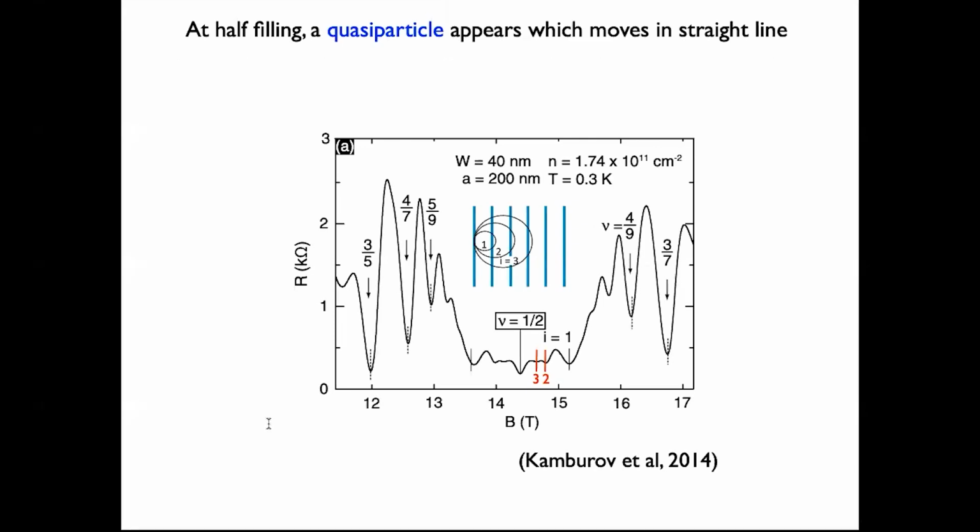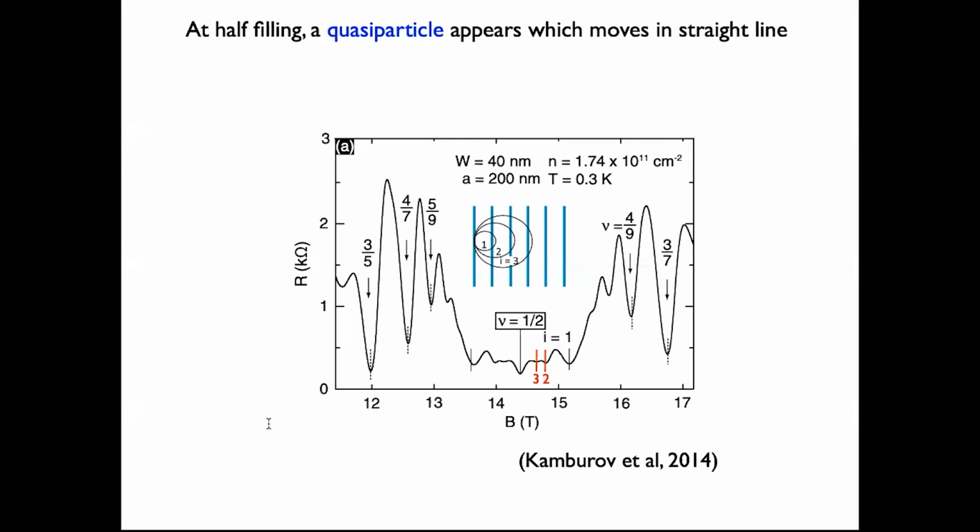Here I show you this graph copied from a paper, but I'm going to only explain how people managed to see this particle. Basically, they measure this resistivity, I think this one may be the longitudinal, not the Hall resistivity, as a function of the magnetic field. And they see all this kind of oscillation.